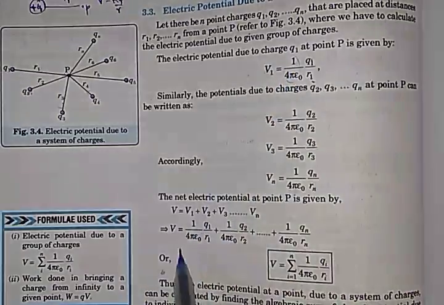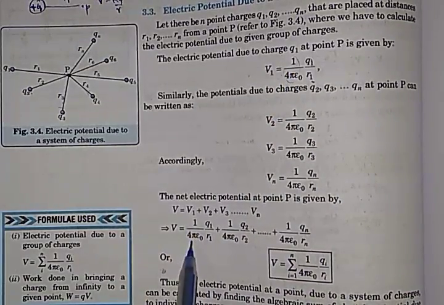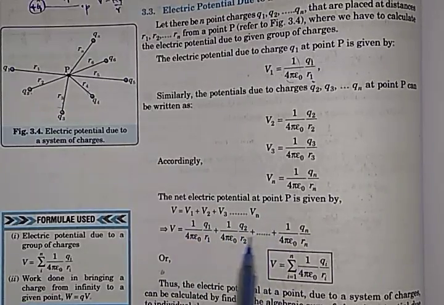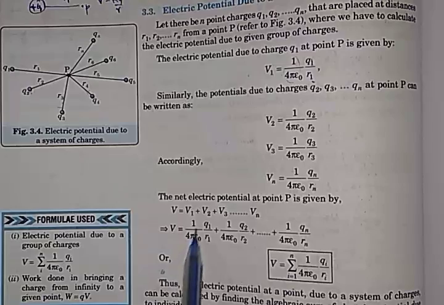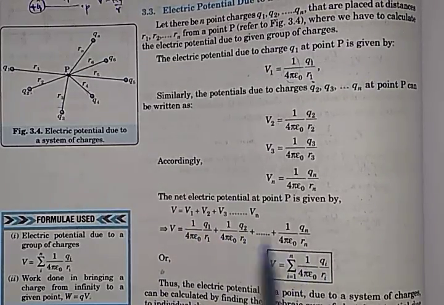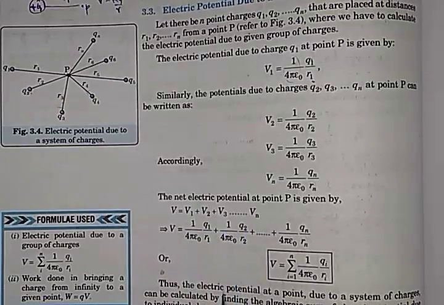Put down the values one by one: 1 upon 4 pi epsilon, k q1, q2 by r square, and we have to go till infinity. Now see, k is common, so I am taking k common and the charges go from 1 to infinity. This is all a summation. How can we write it?